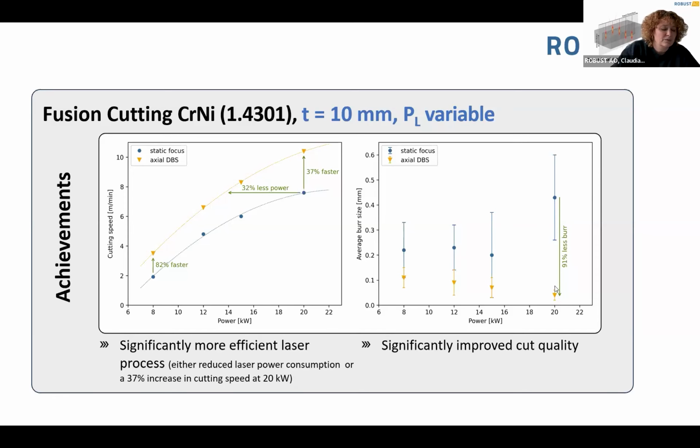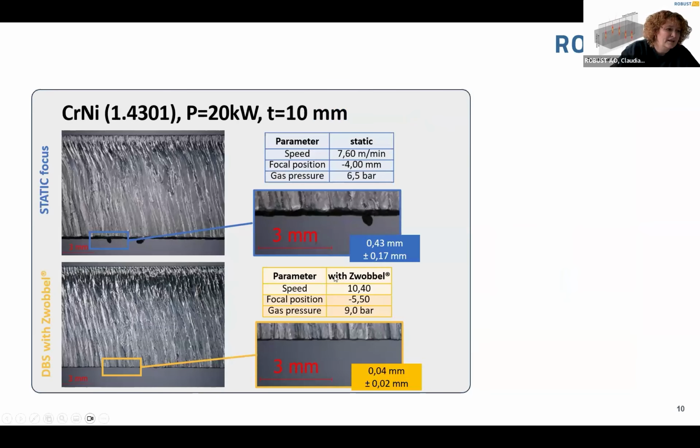And here's the one-by-one result. In the upper picture, you see the static focus, which already has a really nice quality and low burr. And here on the lower side, you see our results with a better quality in terms of burr, which is really, really little, absent, nano burr, however you would call it, at the high speed that is known for the separation cuts.